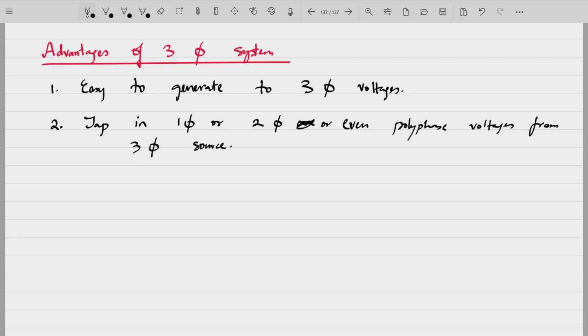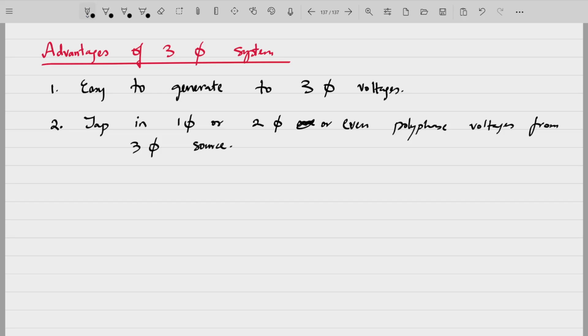Fine. So always you'll be seeing your distribution is three-phase, but out of that you need only single phase to enter your residential or commercial end users, who only require single-phase power supply.